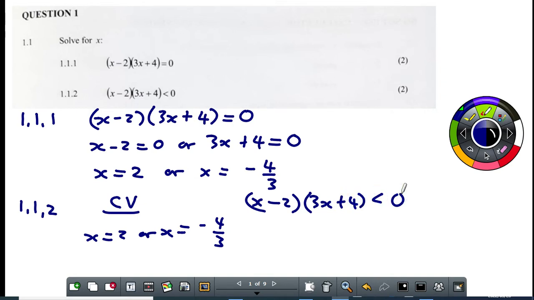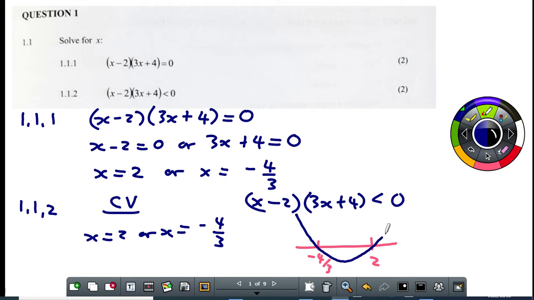So if I remove brackets, I'll get my quadratic polynomial, which is less than 0. Therefore, if I draw my number line, I'm going to have minus 4 over 3 here, and I'm going to have a 2 here. If I draw my sketch, it will look like this.